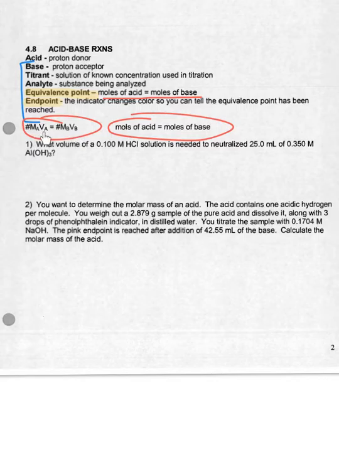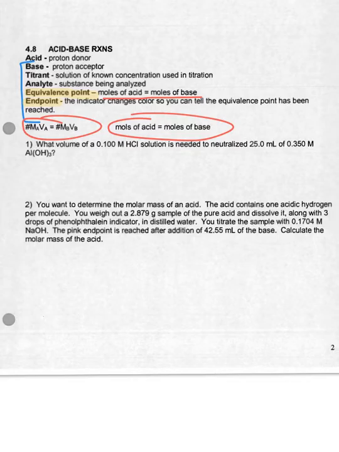The acid information, you're going to multiply by the number of hydrogens in the acid formula. The base information is going to be multiplied by the number of hydroxides in the base chemical formula.